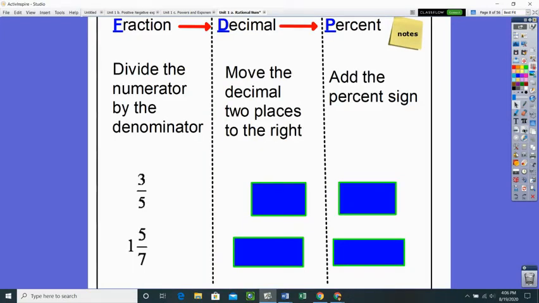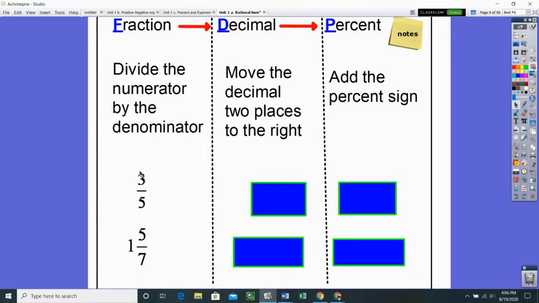Okay, so just to remind you how you go from a fraction to a decimal, and I'm going to add percents, which your book doesn't do, and that's why you're not seeing this in your book. So we're just going to practice too. In order to go from a fraction to a decimal, you're going to take the numerator divided by the denominator. That'll always work. Some of you might already know what the decimal is here.